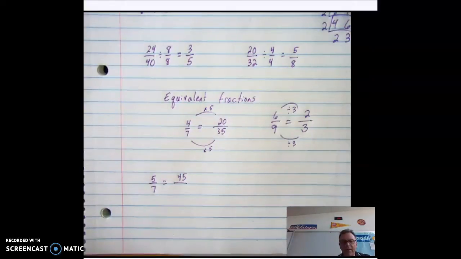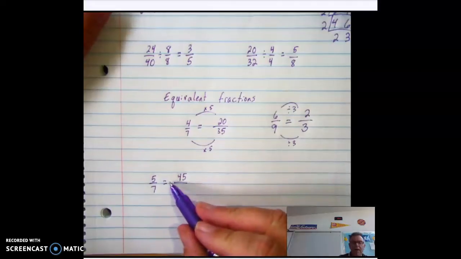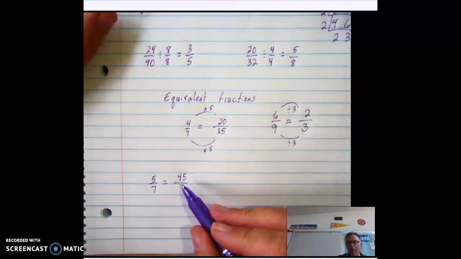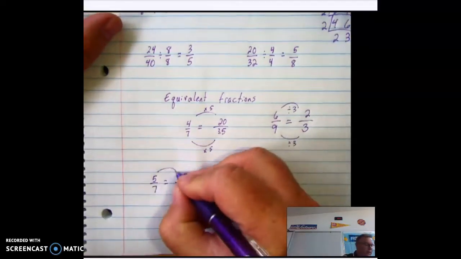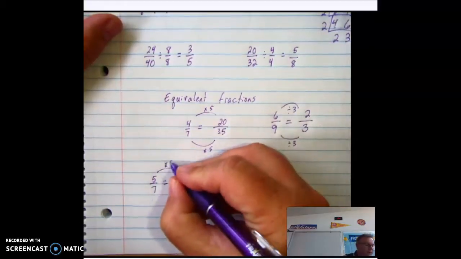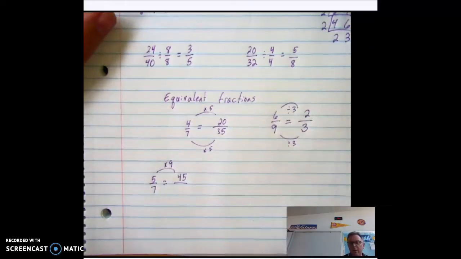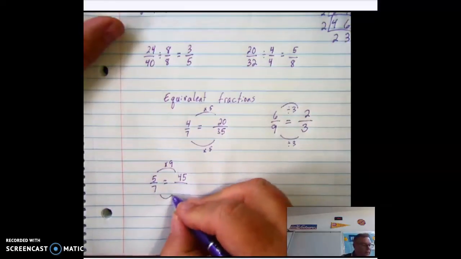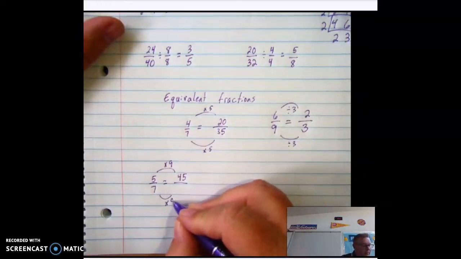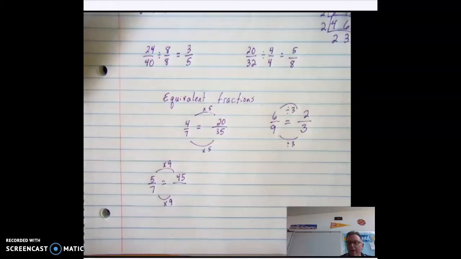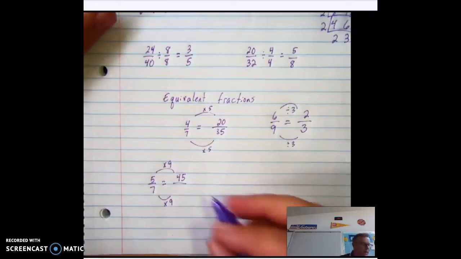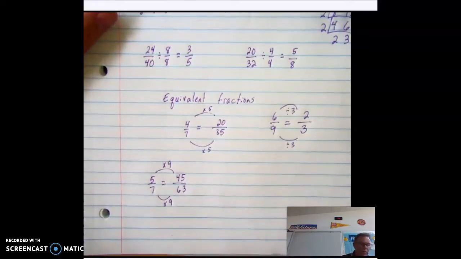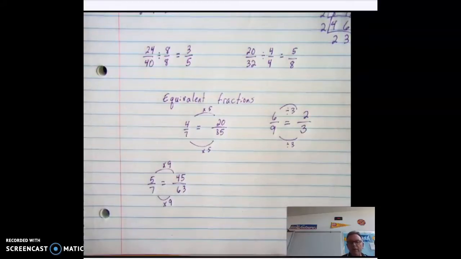Okay, let's see how you did. So if I'm at 5/7 and 45, and they are equivalent, I say 5 multiplied by 9 is 45. I have to be fair to my denominator, so I'm going to multiply that by 9 as well. 7 multiplied by 9, 63. So 45/63 is equivalent to 5/7.